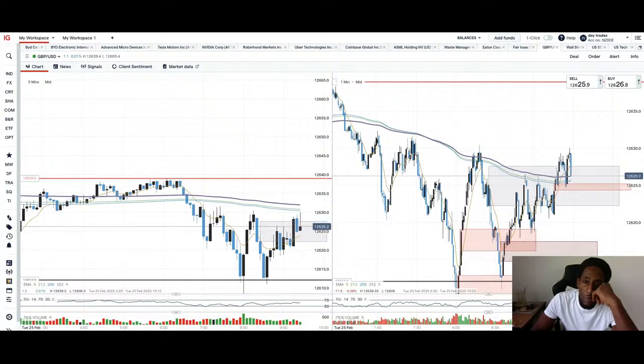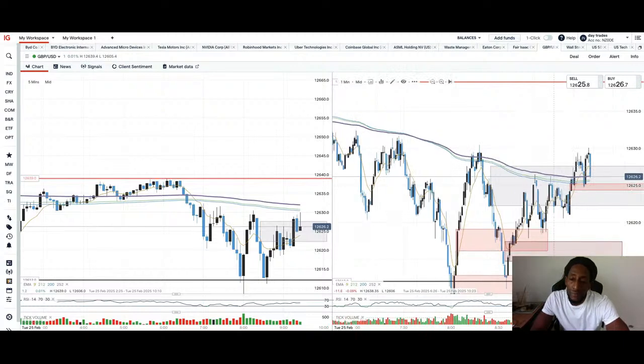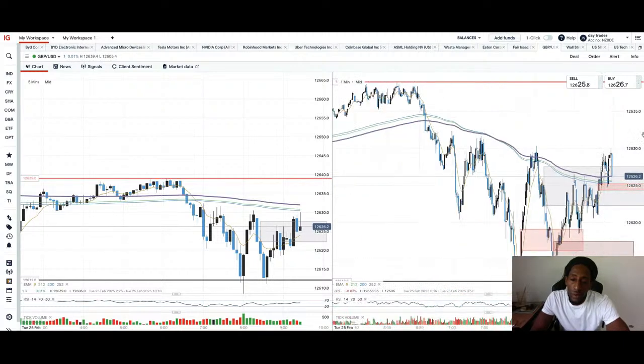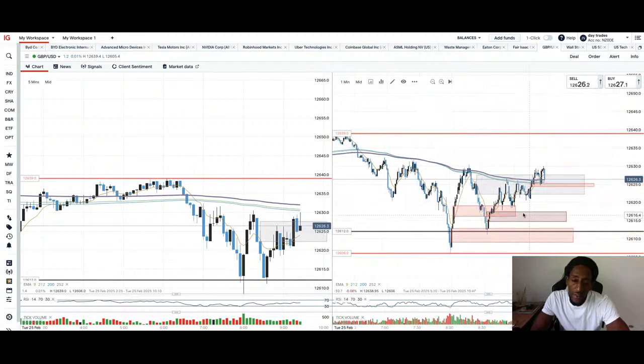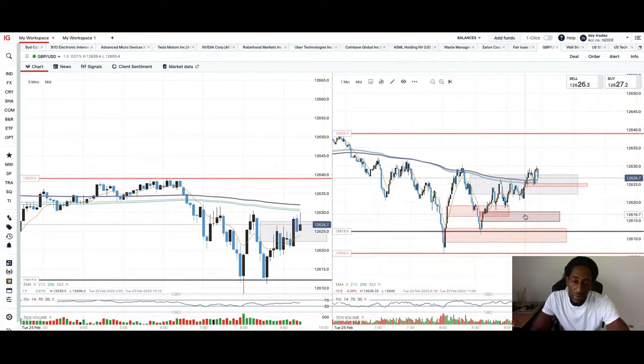There we go, price coming in. It's coming in fast. The price action has turned pretty ugly, to be honest, now. It's like it's getting caught in all this resistance.